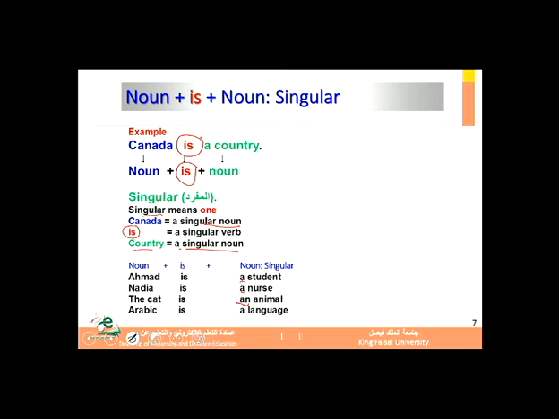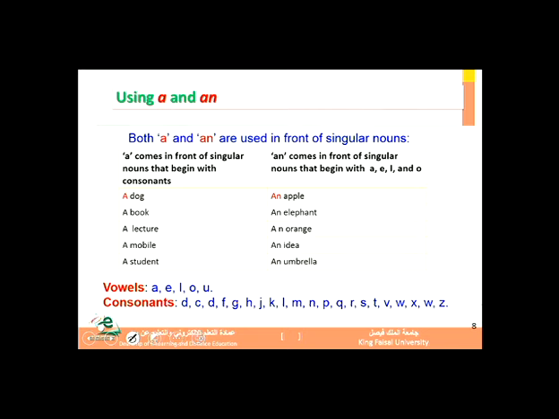Well, the reason is very simple. This is what we call the indefinite article, and we use a or an depending on the following sound of the noun that follows. So if you look at those examples, a dog while an apple. The word dog starts with a consonant.